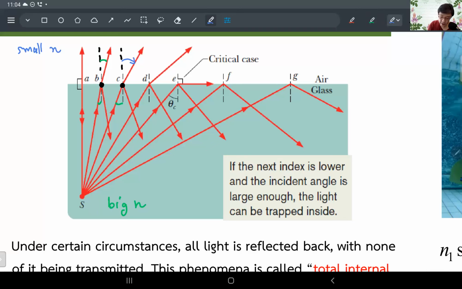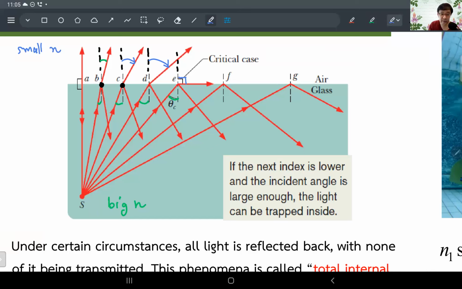At point D, your incident angle is growing bigger, and of course your outgoing ray will go even bigger. Keep going, and there will be one particular angle where your outgoing ray gives you 90 degrees.